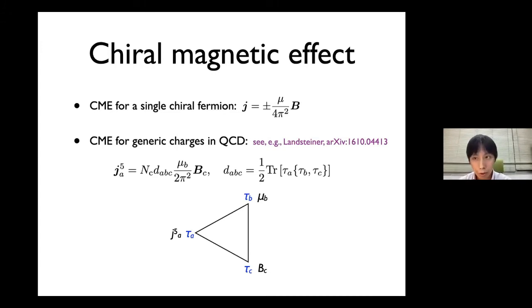The contribution of this chiral magnetic effect to a generic axial current with generic isospin index A is given by this formula in the case of QCD.